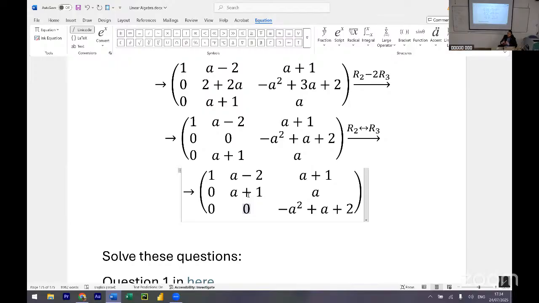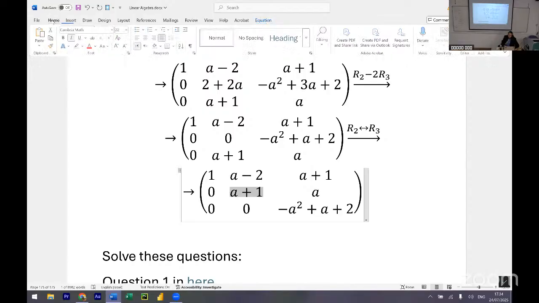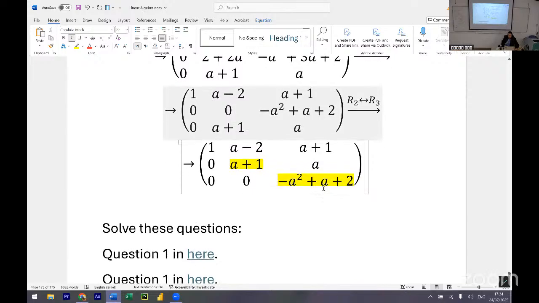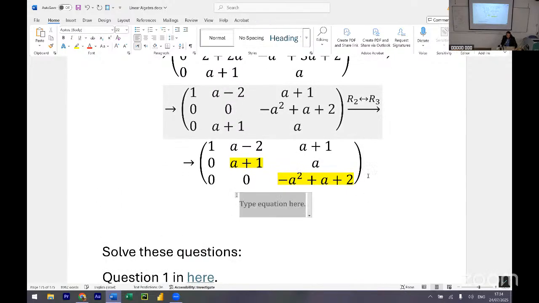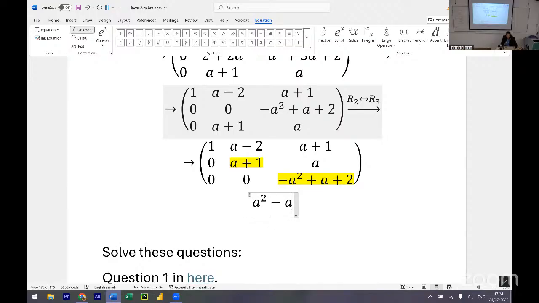So first of all, we need to calculate when these two pivot contenders, sorry, are zero or not. So a squared minus a minus 2 equals 0.